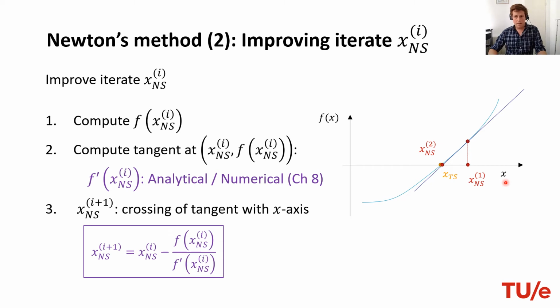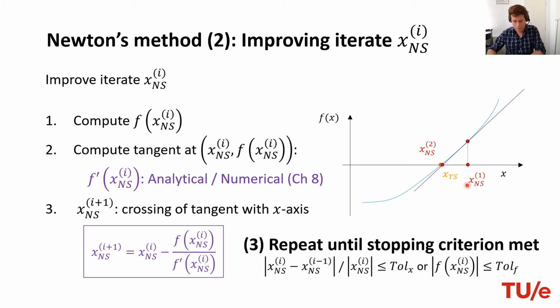We can repeat this process, but we see that, well, in very few iterations, we are really gaining accuracy a lot. We're getting closer and closer to this true solution in a very rapid manner. We repeat this procedure until our stopping criterion is met, and you can again choose from a list of possible stopping criteria, either this estimate of the relative error, which should then be smaller than a certain tolerance which you specify, or the tolerance on the function value.